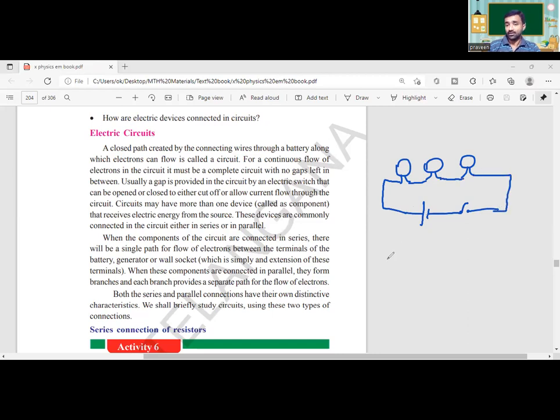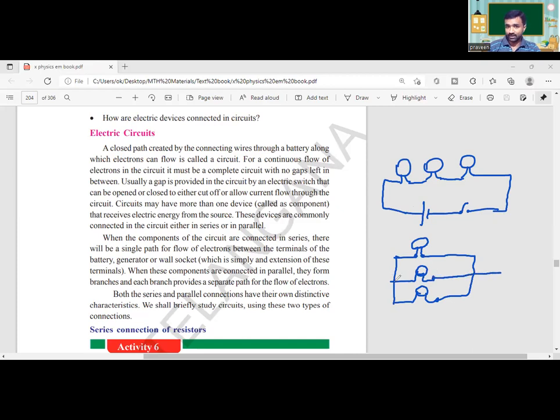Then one more possibility is individual paths through the bulbs, where the current is allowed individually. Using only one battery, I am connecting all three bulbs.